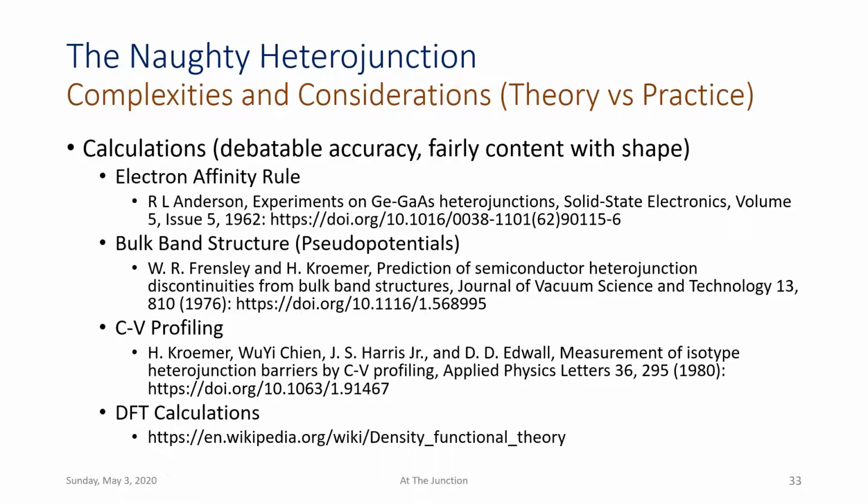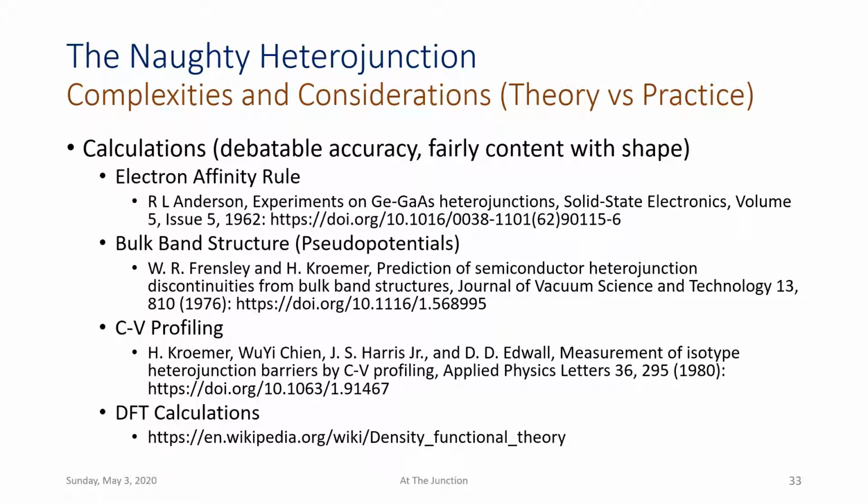Another method is based on the bulk band structure introduced by Frensley and Kroemer in 1976, which makes use of three different pseudopotentials found in the bulk of a semiconductor to predict the discontinuities at the heterojunction.